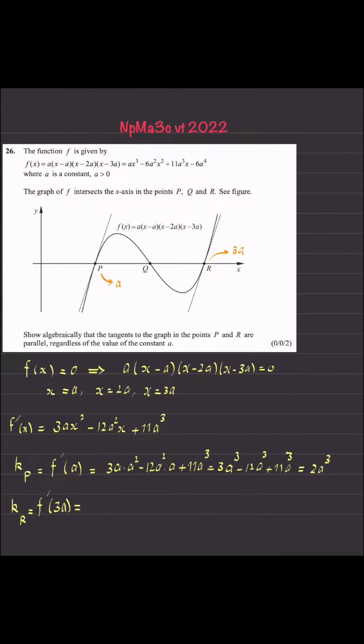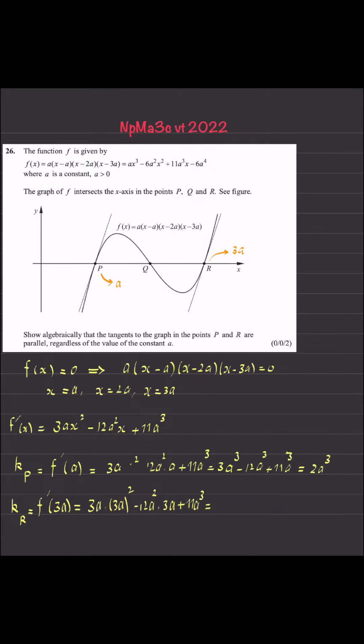Okay, so this becomes 3a times (3a) to the power of 2, and then I have minus 12a squared times 3a, and finally 11a cubed. No, I made a little bit of mistake in my writing here, sorry. So let me fix it. This should be a power of 2 up there, not there. So I replace x with 3a.